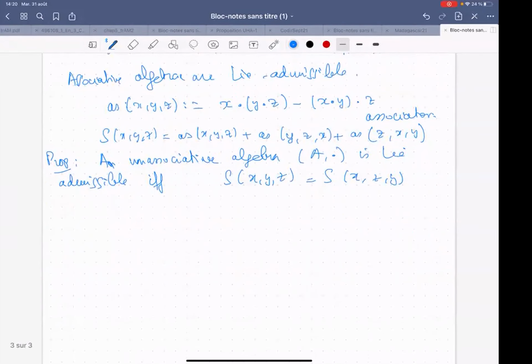And now we aim to try to provide some other examples. First we define what we call a G-associative algebra. First we start with G being a subgroup of S3, the permutation group S3.